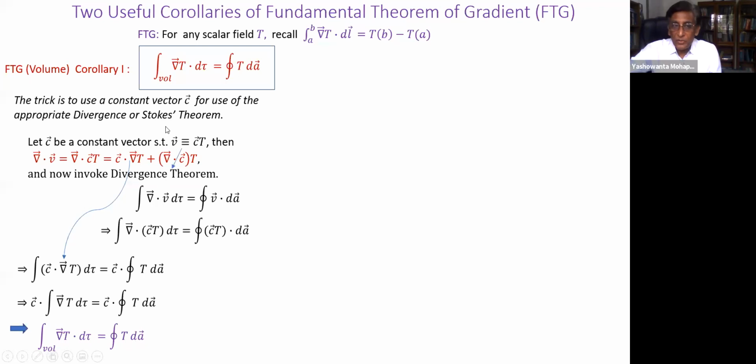So what was the trick? The trick was to define a new vector function with a constant C, and then invoke the divergence theorem. This is corollary 1 of the fundamental theorem of gradient, volume.